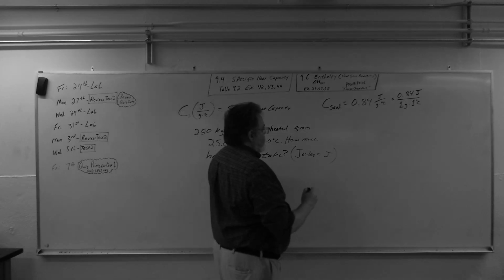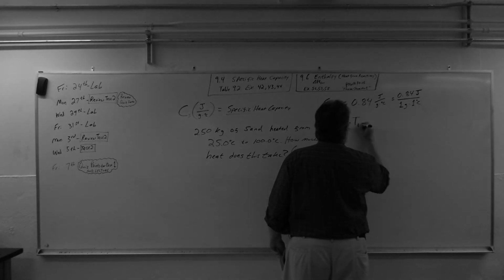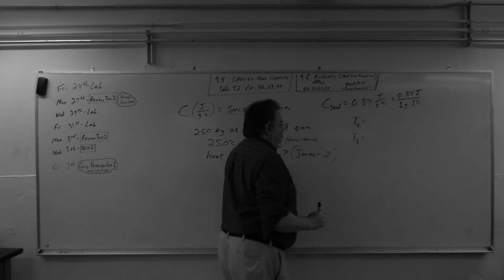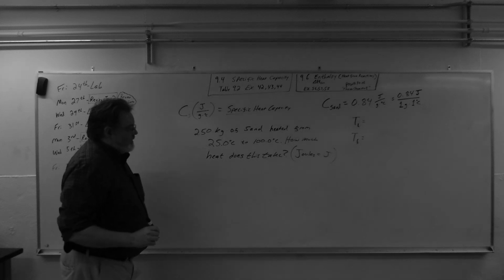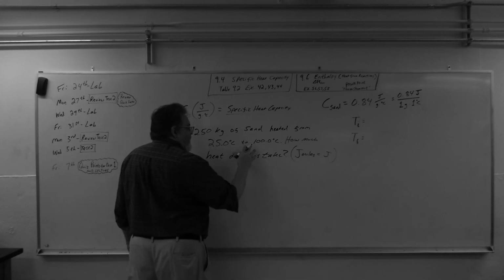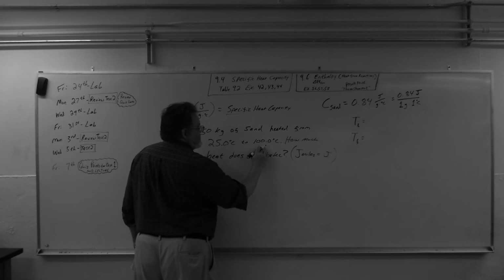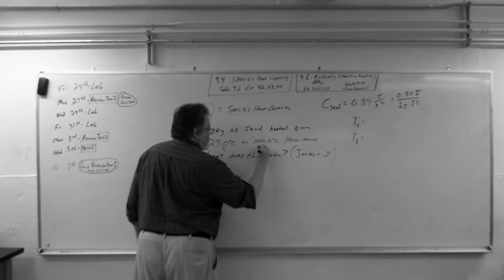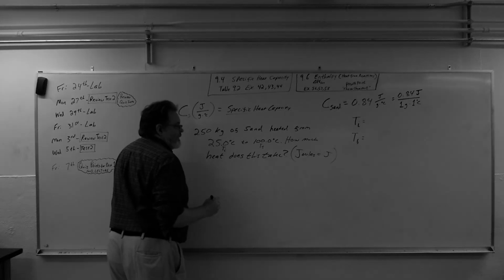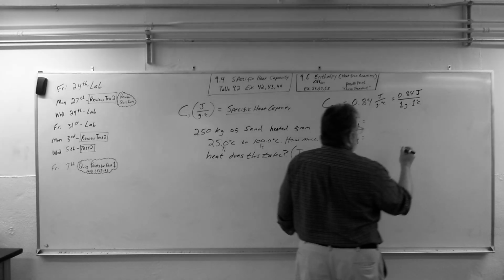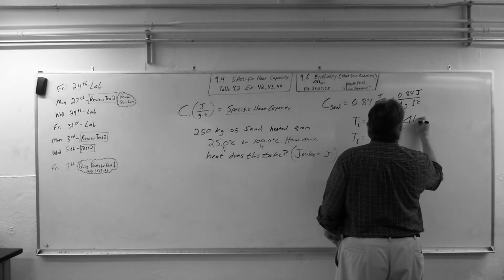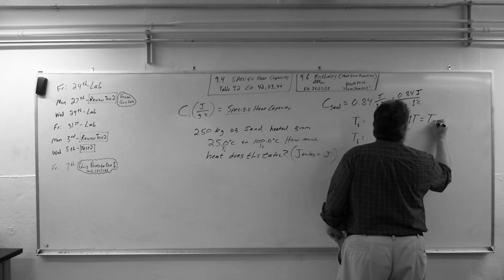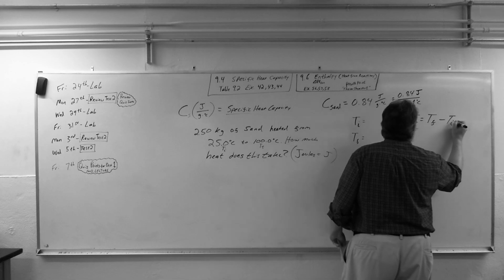Also notice there are two things here. There's what we call temperature initial and temperature final. And usually in context, it'll say from this degrees up to this degrees. So it starts here, that's T initial, and that's T final. And you're going to need what we call delta T, which is always final minus initial.